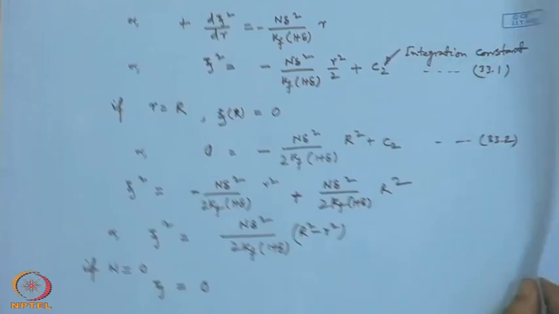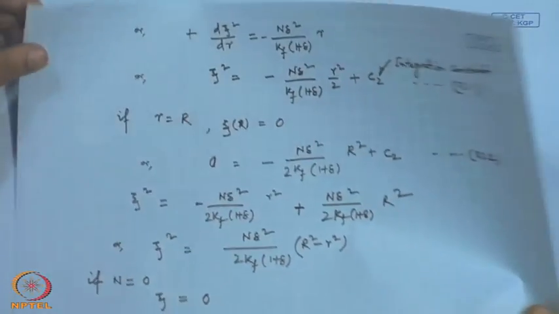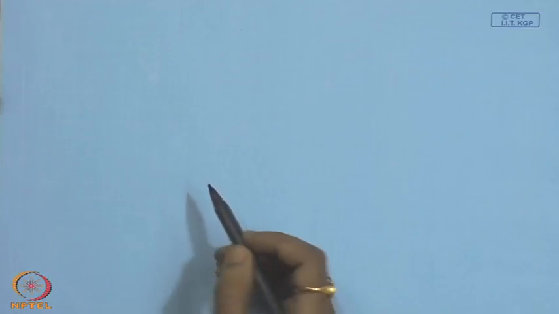So, next thing we will discuss is another important solution in case of our saltwater intrusion problem, that is again a sharp interface approximation of the problem. This is popularly known as Strack's solution.